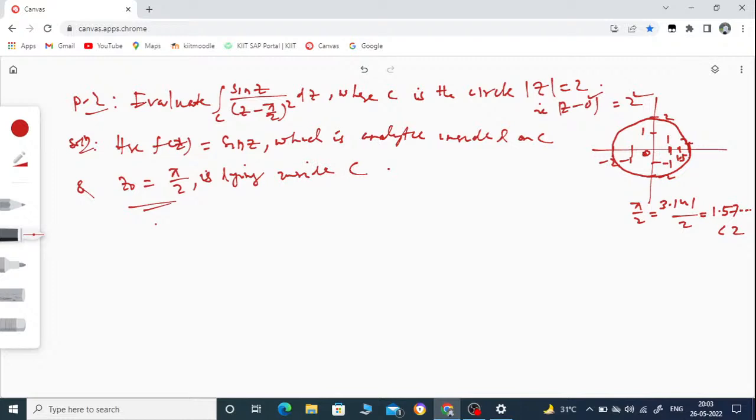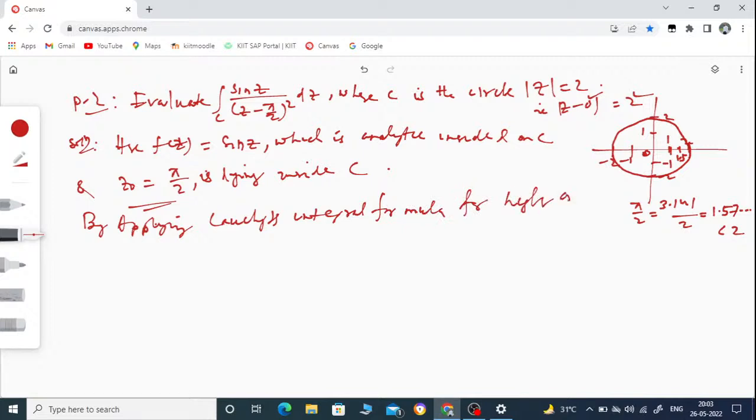Now by applying Cauchy's integral formula for higher order derivatives, what is that formula?